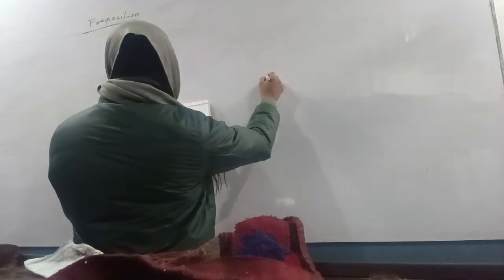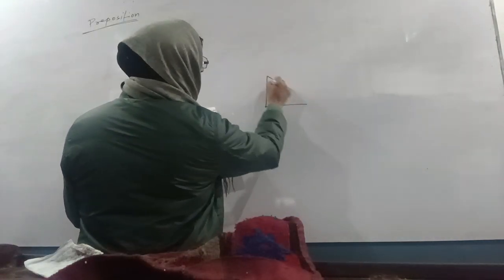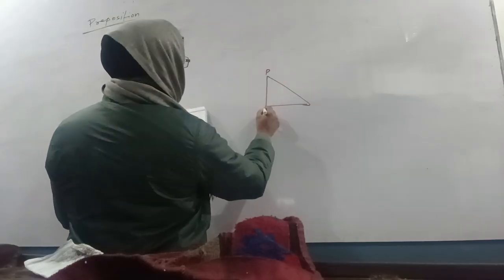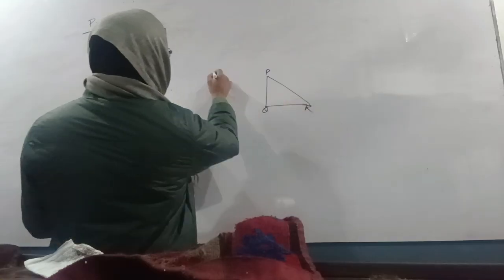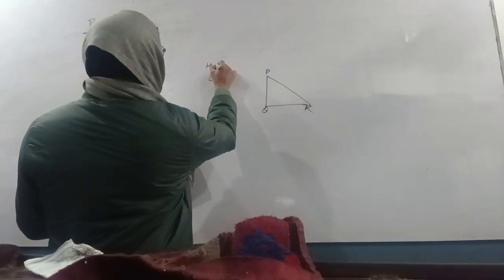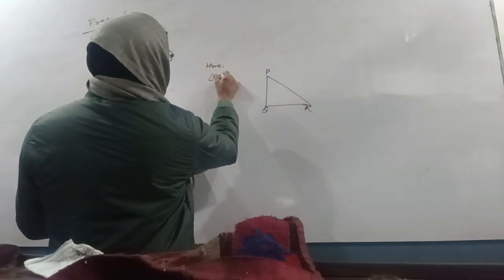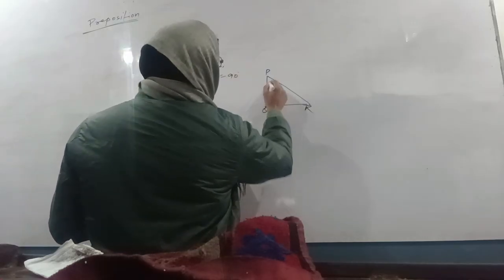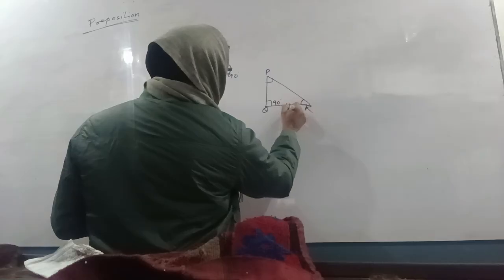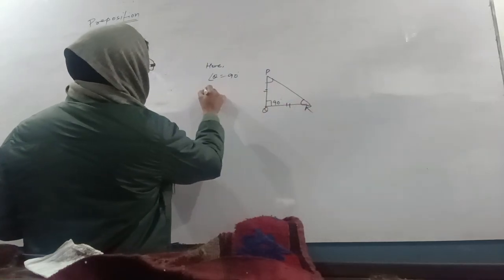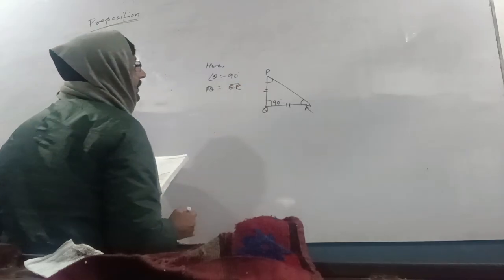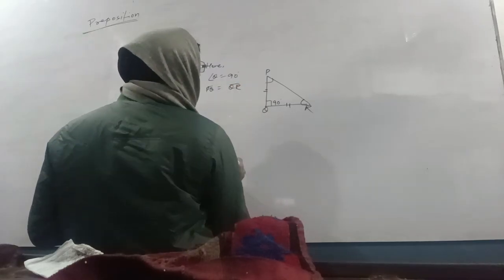So the figure is given as P, Q and R. Here angle Q is equal to 90 degree. Clear? And side PQ is equal to QR, because it is an isosceles triangle.